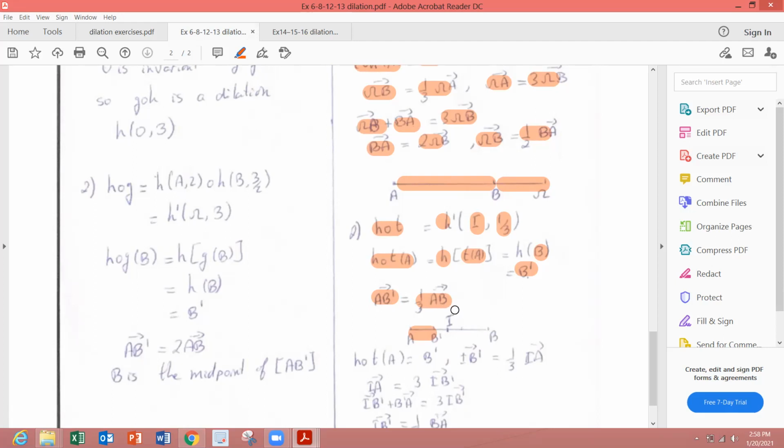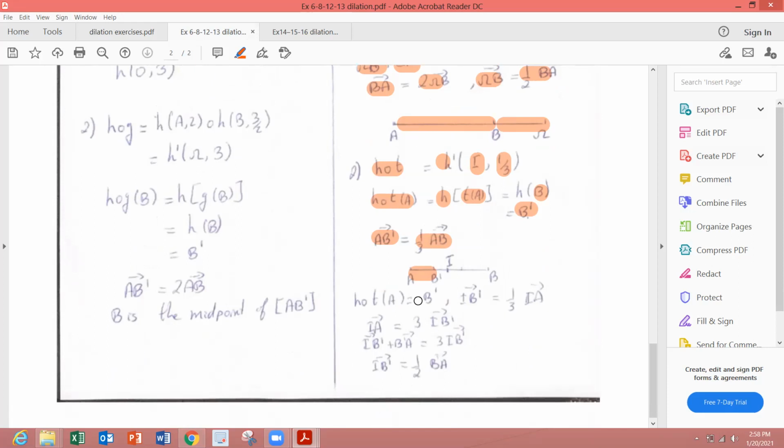Now to know the place of I, H round T of A equals B prime. It means that IB prime, since I is the center, equals 1/3 IA. So IA equals 3 IB prime. Both of them are unknowns.